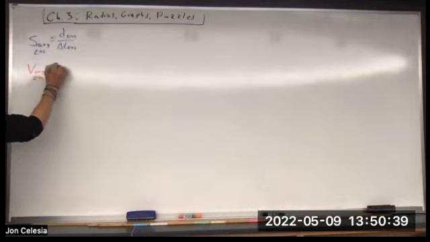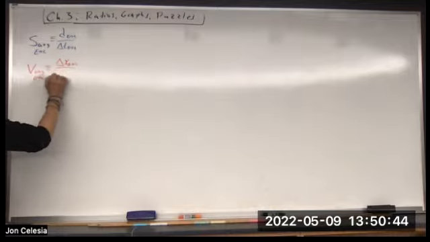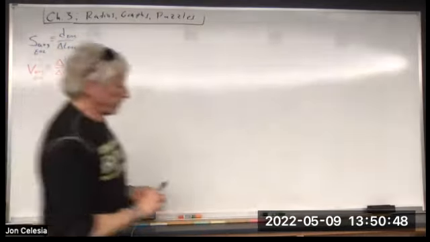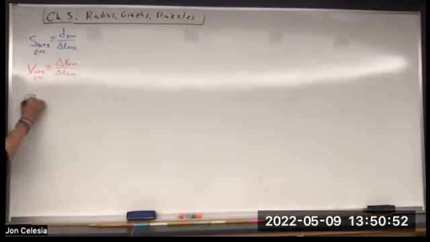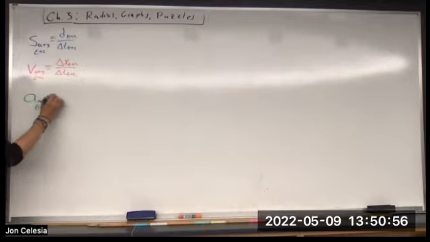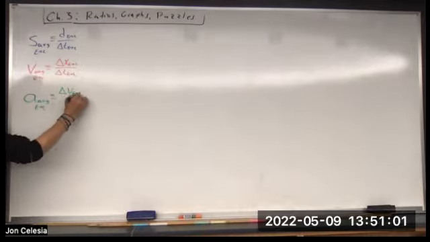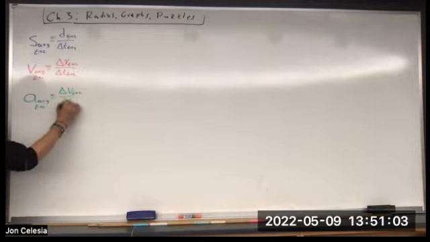If we change direction, it's the displacement, just start to finish, over the time. And we had average acceleration defined as the change in velocity, earlier to later, over the time to make the change.